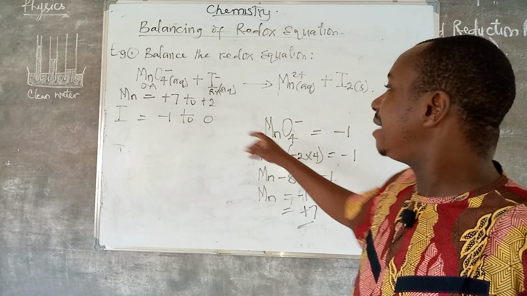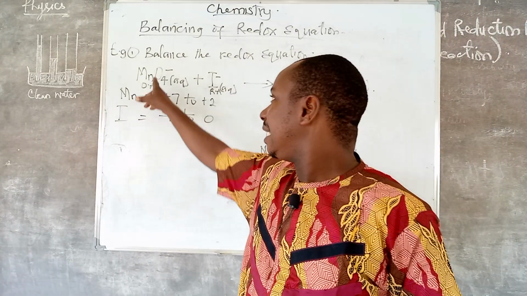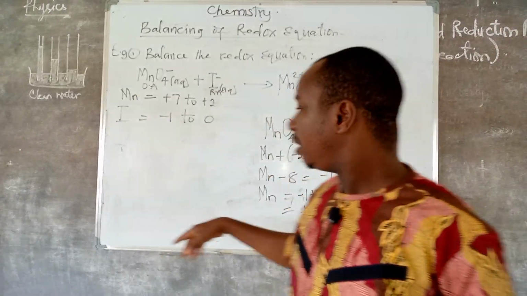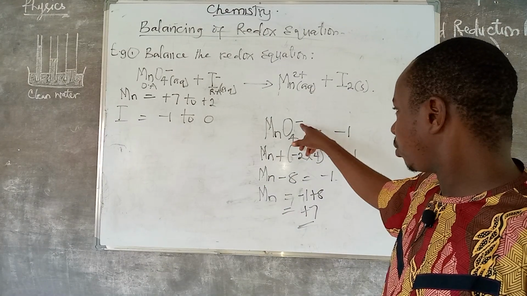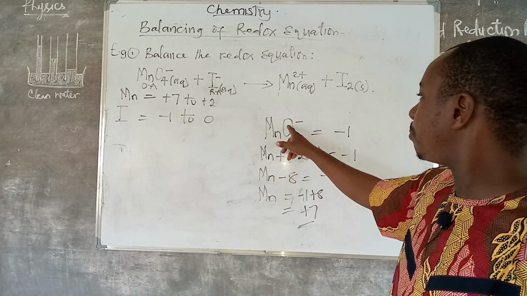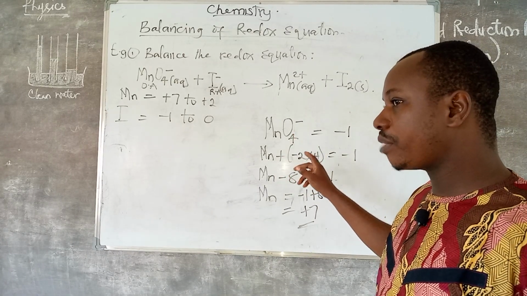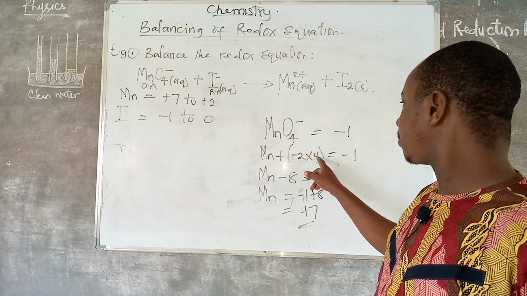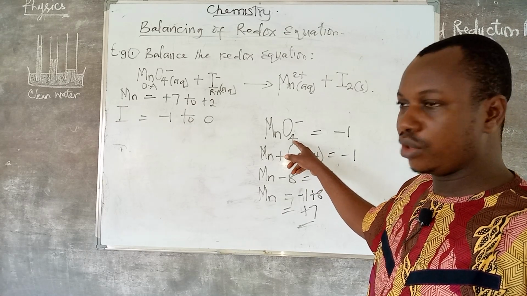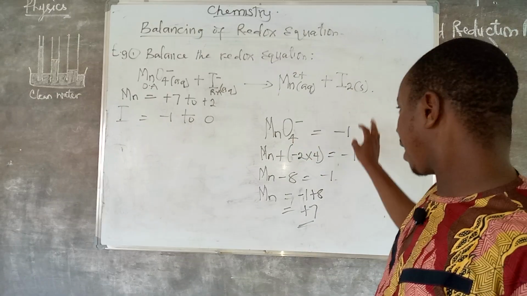Let us confirm whether the oxidation number of manganese here is +7. So I equate the whole thing to -1 because of the charge. Manganese plus oxygen, which is -2. I have told you anywhere that oxygen is -2. That is the oxidation number of oxygen. -2 times 4, we have 4 oxygen atoms here, equals -1.